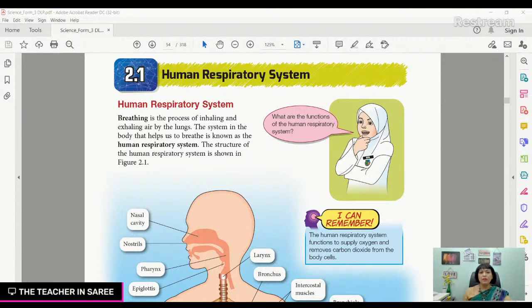Alright, so today we are going into a new chapter, which is the human respiratory system. Okay, so the human respiratory system is actually one of the most essential systems whereby they involve not only the breathing in and the breathing out process, but they also find a way to get the oxygen.